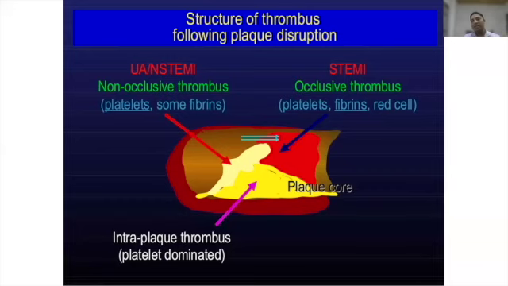Then we say it's a TIMI 0 flow. If they have slow flow, we say it's a TIMI 2. If it is very slow, needing almost 2 to 3 cardiac cycles for the proximal column of blood to reach the distal part of the heart, then we say it's a TIMI 1 flow.